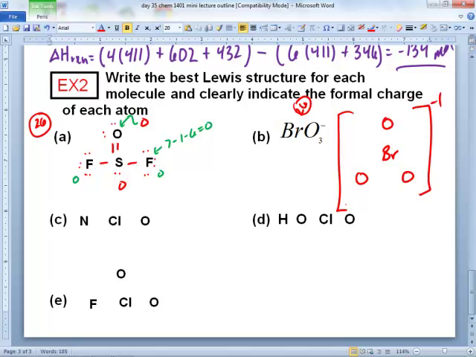You have double bonds, so that gave these oxygens zeros, right? And then here's my negative 1. All right, so he's 0, he's 0, he's negative 1, and that bromine is 0.